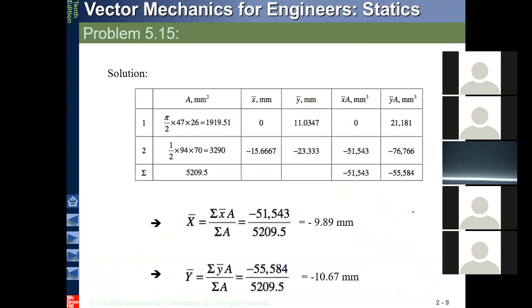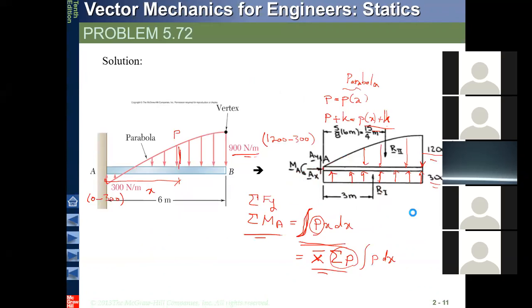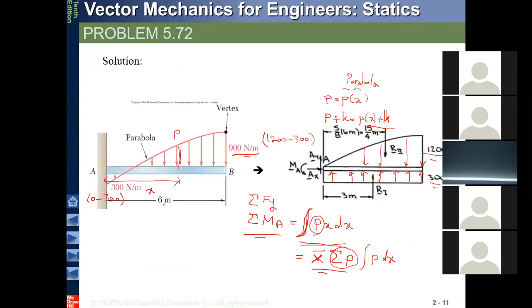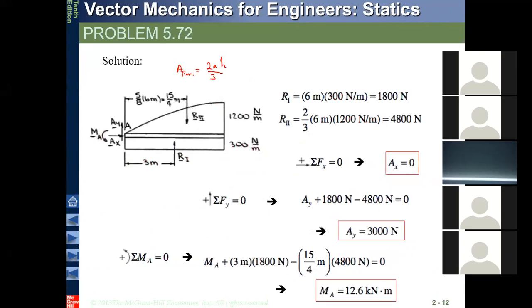So this is going to be the area of the parabola, 2AH over 3. So A here is 6 meter. 2, 6, and H is 1200. So it is going to be 4,800 Newton.